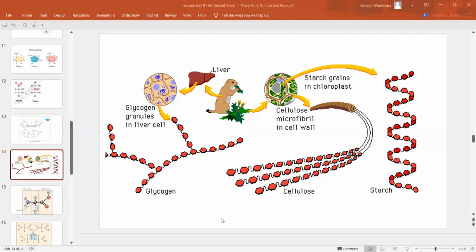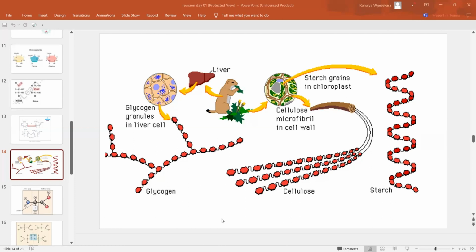Next point, glucose is a common respiratory substrate. Next point, sucrose is a storage sugar, storage carbohydrate, stored in sugar cane.